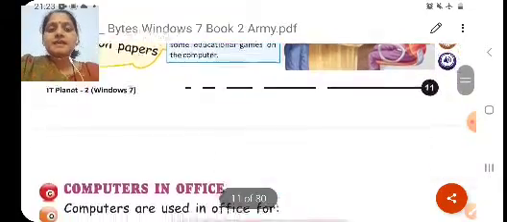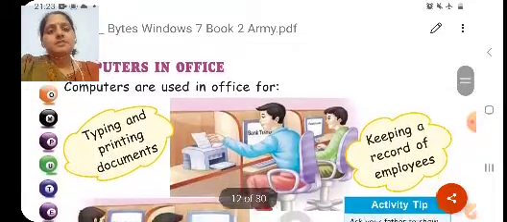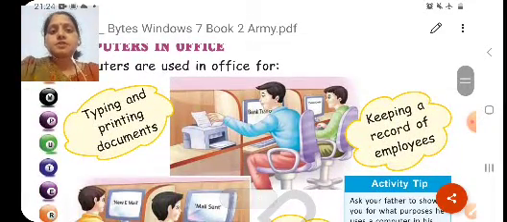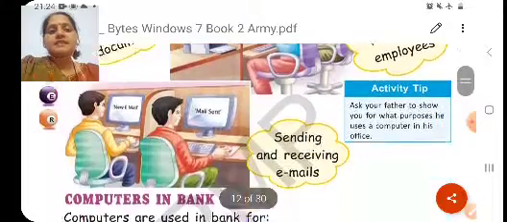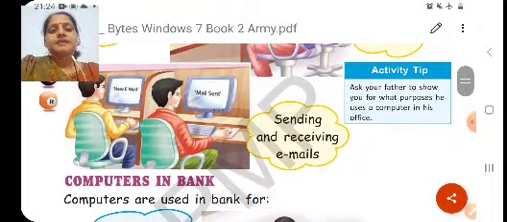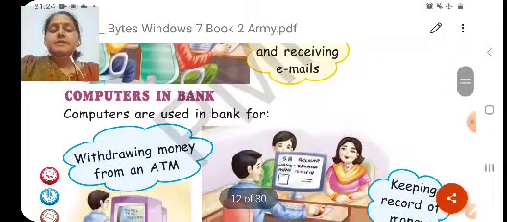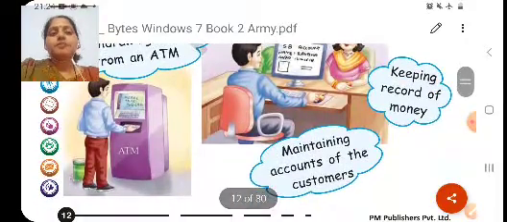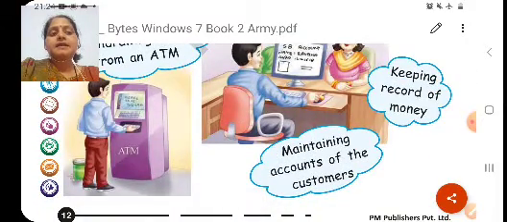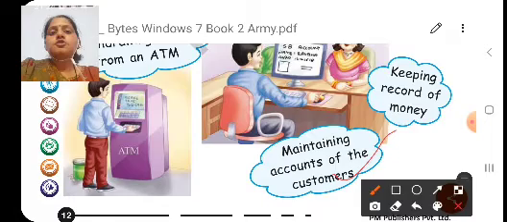Then children, second place is computers in offices. So children, in offices also computers are used for typing and printing documents, keeping a record of employees, and also children for receiving and sending the mails. Then children, computer in banks. Computers are also used in banks for withdrawing money from an ATM, keeping record of money, and maintaining accounts of customers.